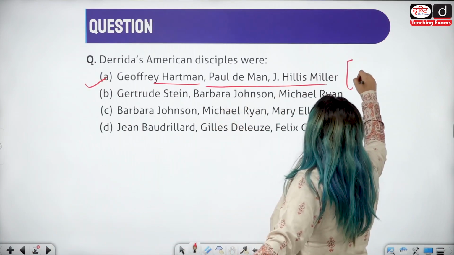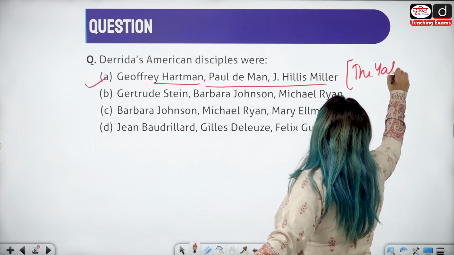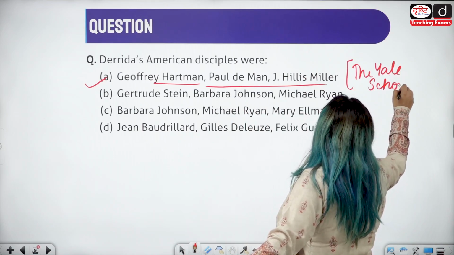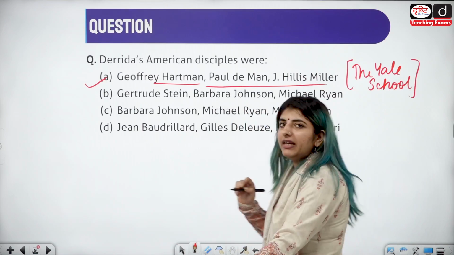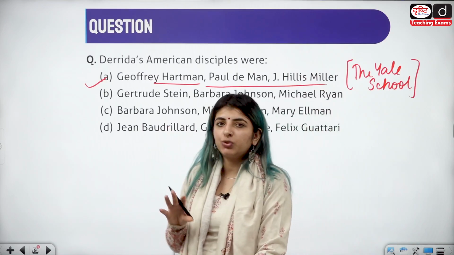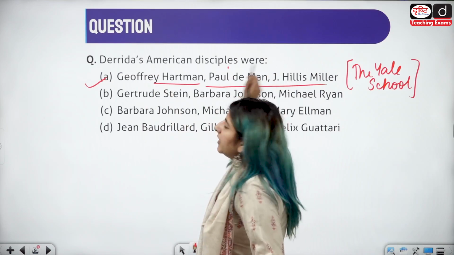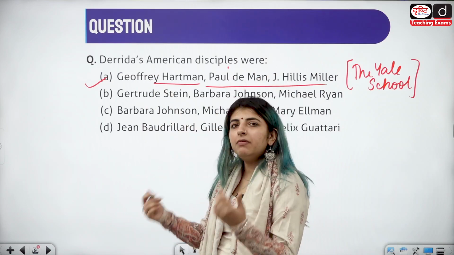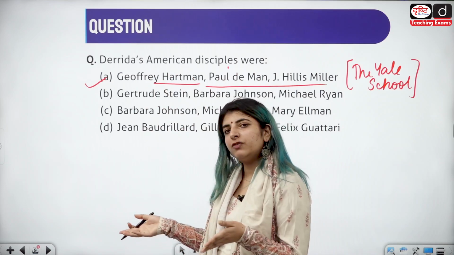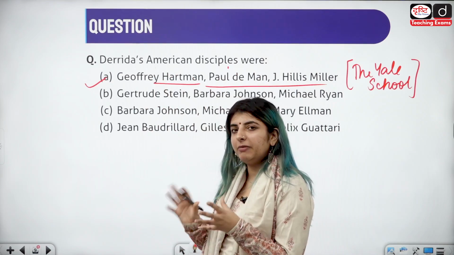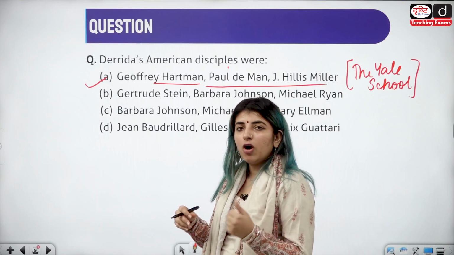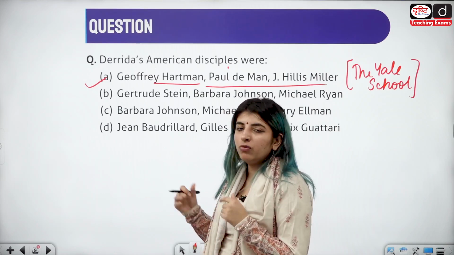These three figures were associated even with the Yale school, including Harold Bloom as well. But Harold Bloom is not majorly associated with deconstruction. So these were the three American disciples of Derrida. They might be born in some other country, but they later on shifted to America. That's why some के साथ ये भी लगता है कि Belgian born or France born, etc., and then moved to America.